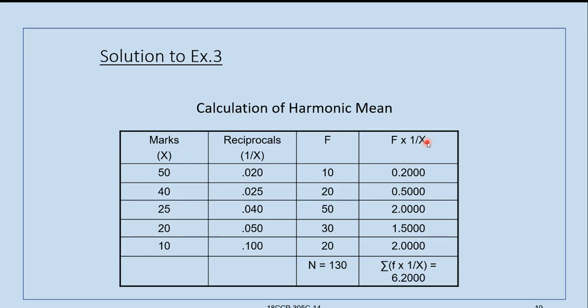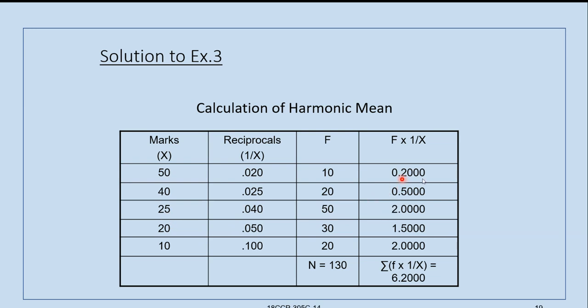Prepare a table, as I said, shown here. First column is x. Second column we will take reciprocals. Of course, frequency is taken first and reciprocals we can take here also. There is nothing wrong. So we will take like this. 0.020 into 10, 0.025 into 20, like this.